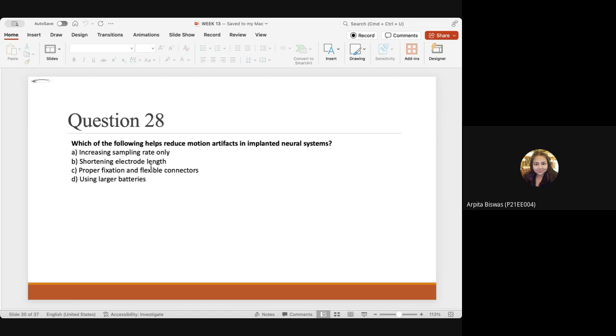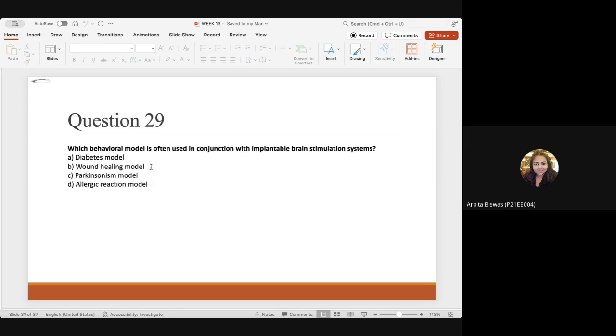And option D is the using the larger batteries. Option C, ma'am. Yes, option C is the right option. Proper fixation and flexible connectors.